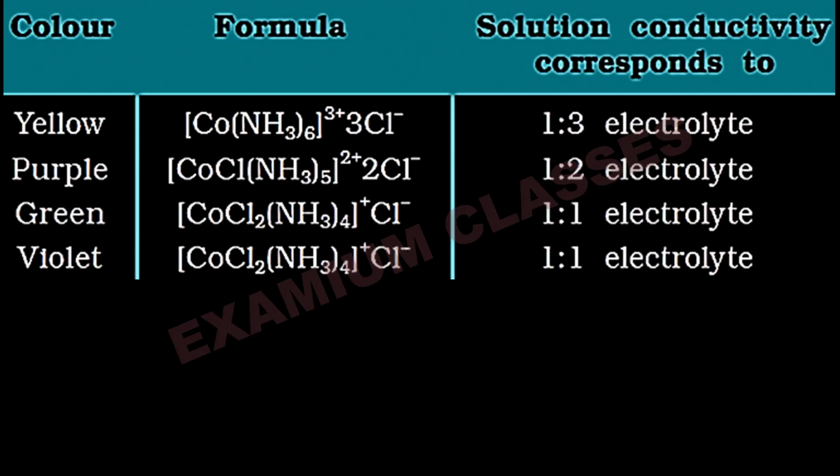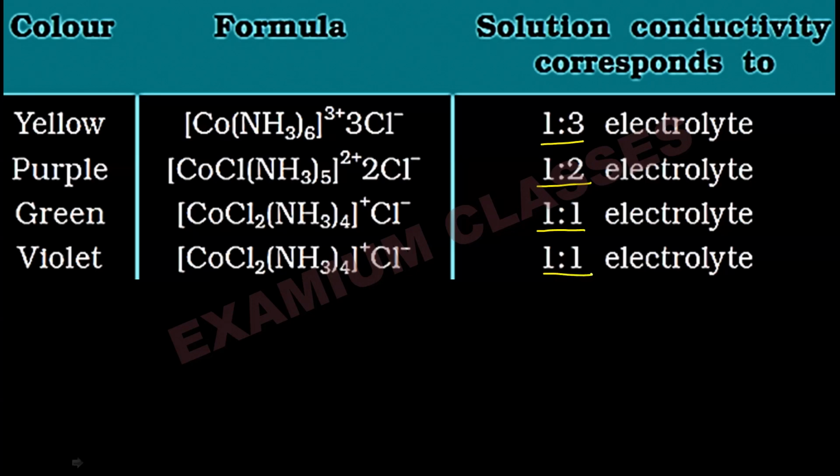Okay. So this is another point, and how it is asked. Sometimes it is asked which type of electrolyte it is. In an MCQ type question, it will be 1:3 electrolyte, or 1:2, or 1:1.